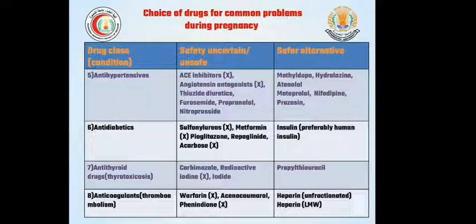Also, the only antithyroid which is safe during pregnancy is propylthiouracil. Again, heparin as an anticoagulant is safe during pregnancy as it has large molecular weight and cannot cross the placenta, and avoid warfarin in order to avoid warfarin syndrome in the form of nasal hypoplasia, as we have said previously.